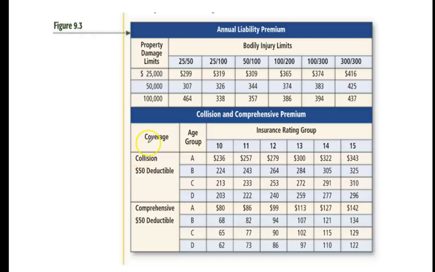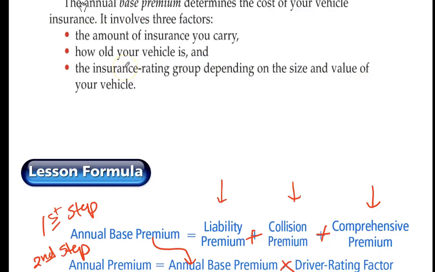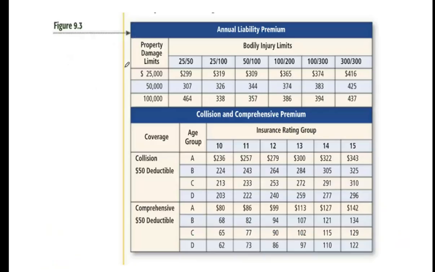So here is the chart. If you look at the chart, you can see there are two big blue bold parts. This is the annual liability premium, and this is the collision and comprehensive premium. So you will have to find those three numbers: liability, collision, and comprehensive.